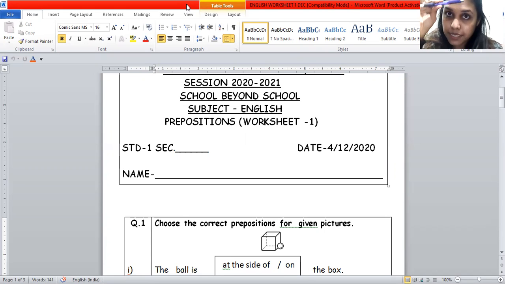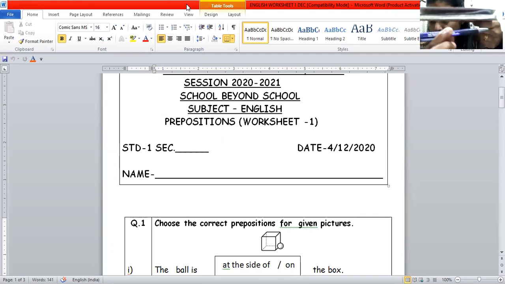Now, when I keep this pen on this book, where have I kept the pen? I have kept the pen on the book, which means on top of the book. When I keep the pen here, as you can see, what will we say? The pen is under or beneath the book.